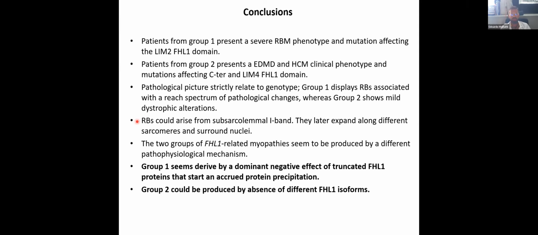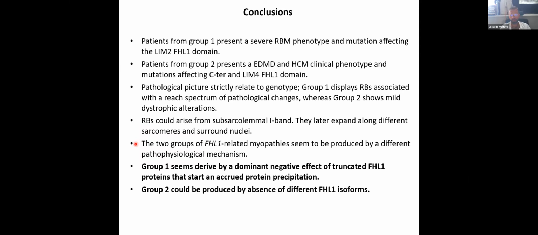We can hypothesize that this aggregation later expands along different directions and arrives surrounding the nucleus. Another hypothesis is that these proteins are bulky and this isoform cannot enter the nuclei anymore, altering this interaction and this constant crosstalk between the nuclei and the cytoplasm.